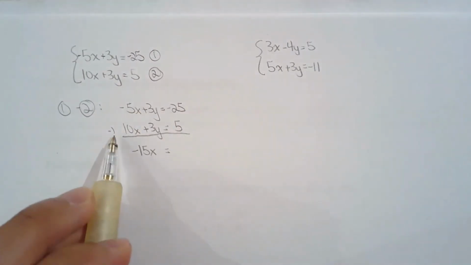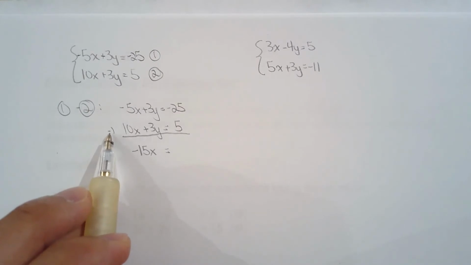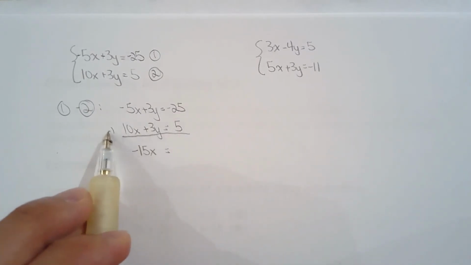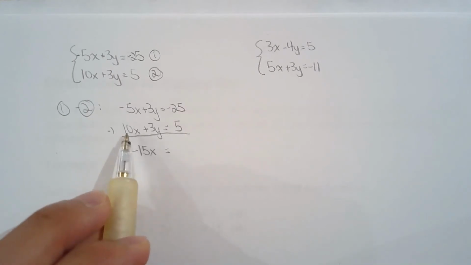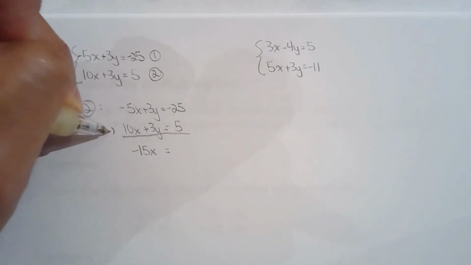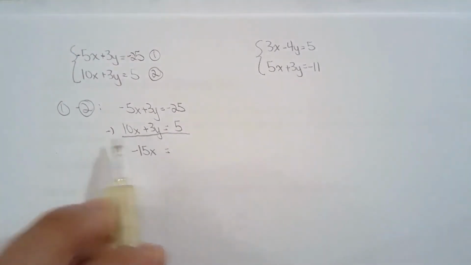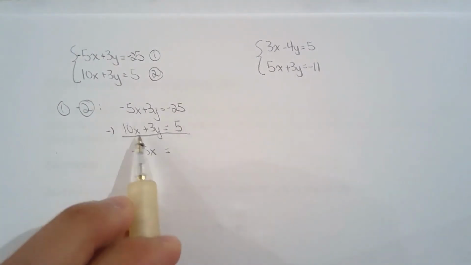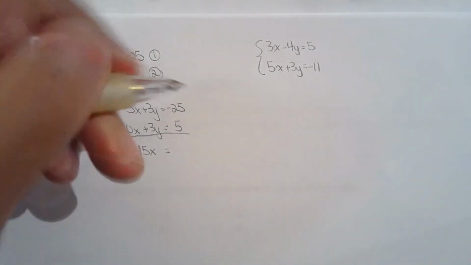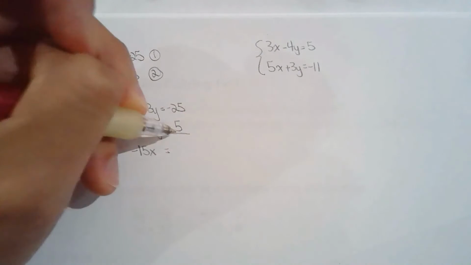Now I put a bracket here because I don't want you to be confused. This means I'm subtracting one equation from another equation. I really don't want you to be confused with this being associated with the coefficient of the x term. That's why I put a little bracket here to distinguish the difference between subtracting the equation and the coefficient being negative. Anyways, negative 25 minus 5.